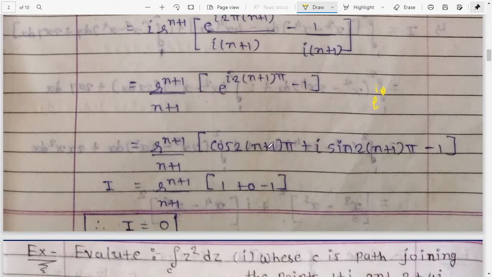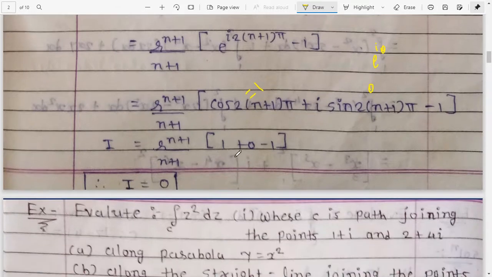So this is 2 into some integer into pi. So this is equal to 1, and sin pi is equal to 0. So 1 plus 0 minus 1 is equal to 0. So integration I is equal to 0.